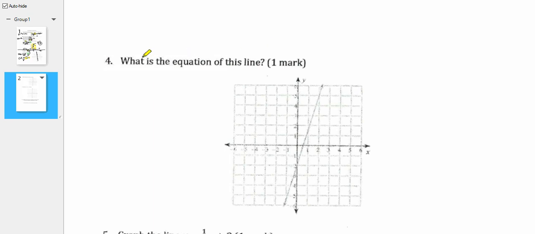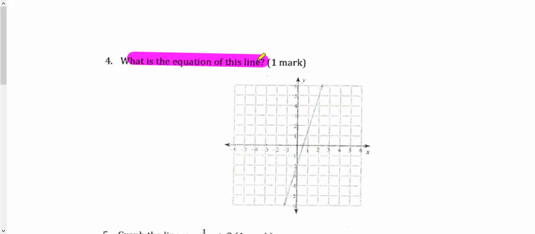Okay, now here it says, what is the equation of this line? Now, I'm just going to throw in another line on top of that one so it's a little easier to see. There, hopefully that's better for you guys. Okay? Good. Now, what do we want to do? Number 1 is we want to go to our y-intercept.